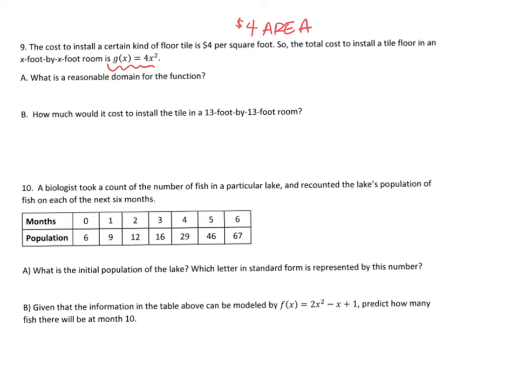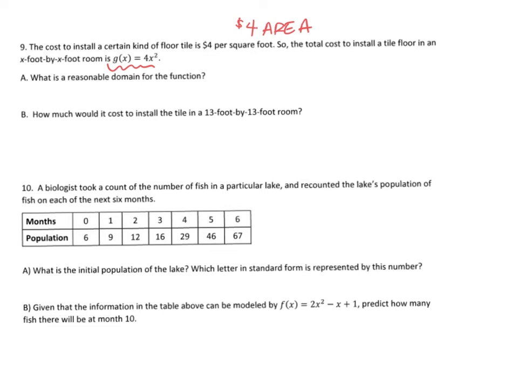But they do ask for you to tell the reasonable domain. Now, if I am tiling the floor, am I going to have a floor that has a negative side length? The answer is no. Floors don't have negative sides. That doesn't make sense.